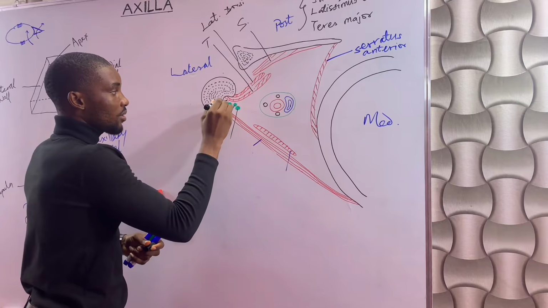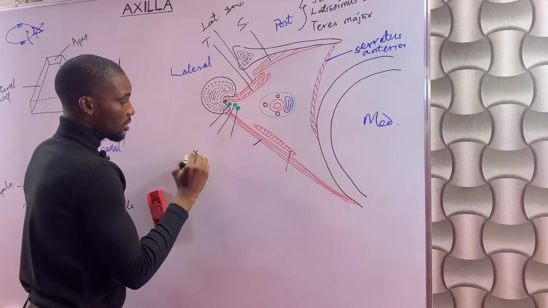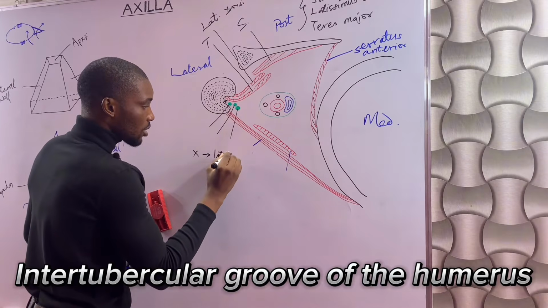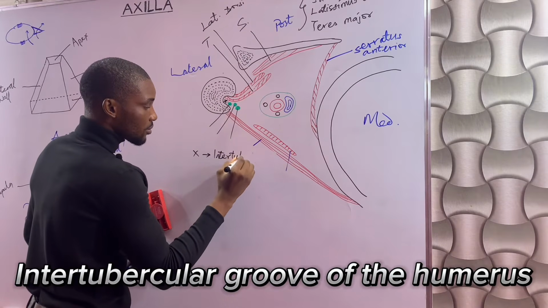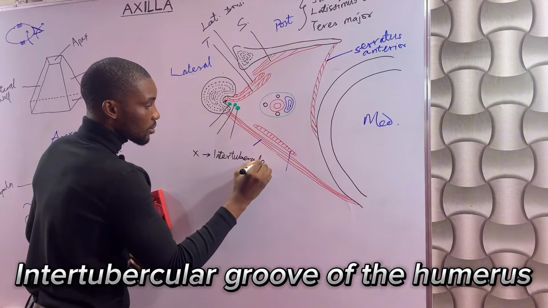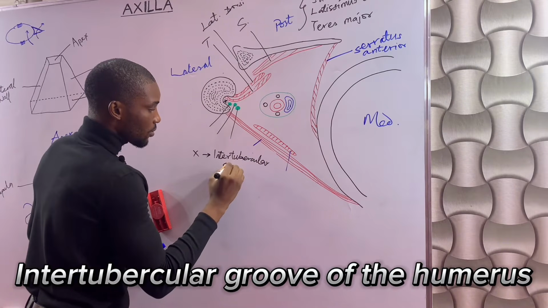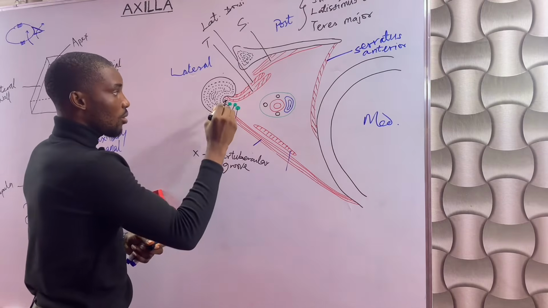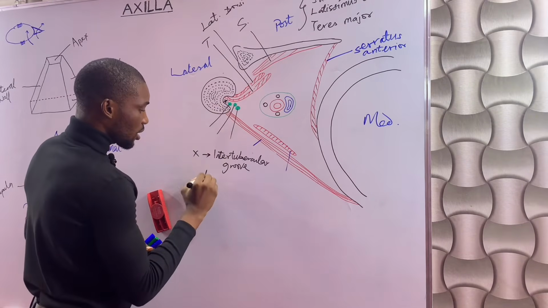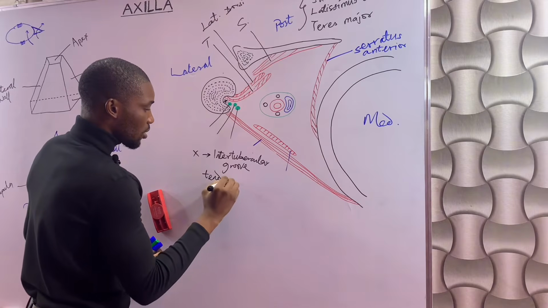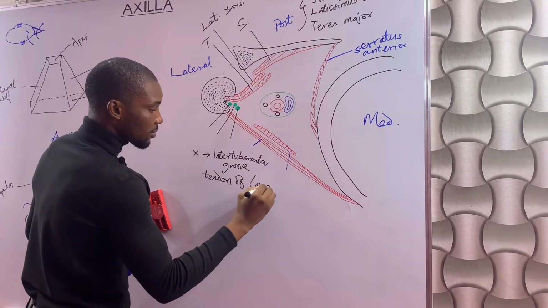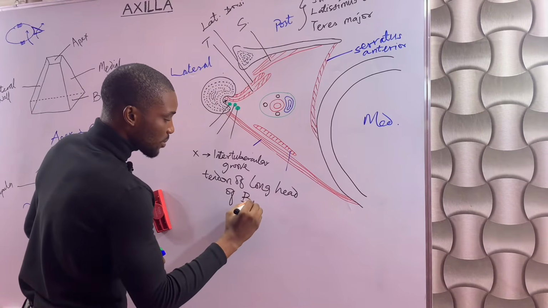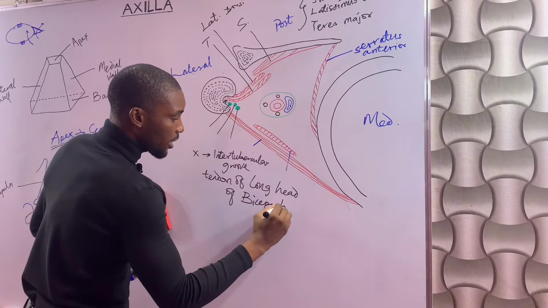This area over here, labeled X, is the intertubercular groove. And then the tendons are one, the tendon of the long head of the biceps brachii.